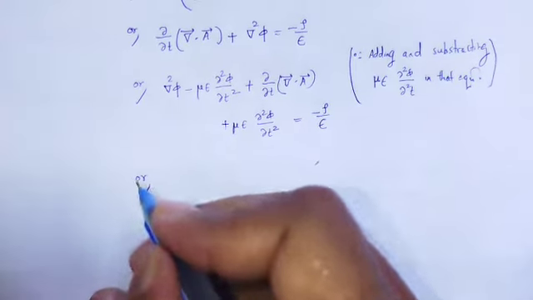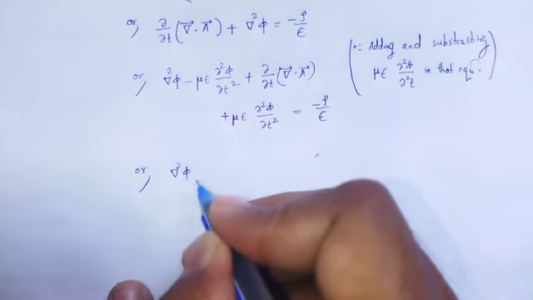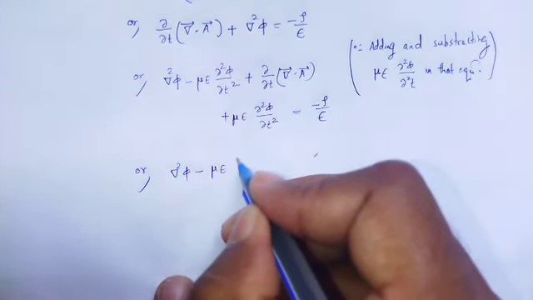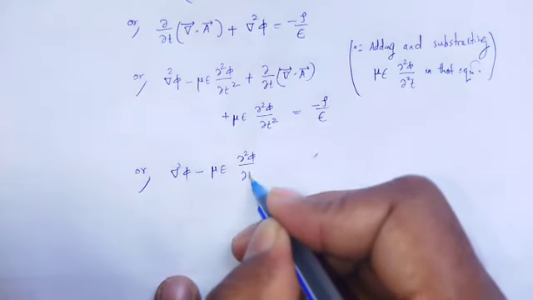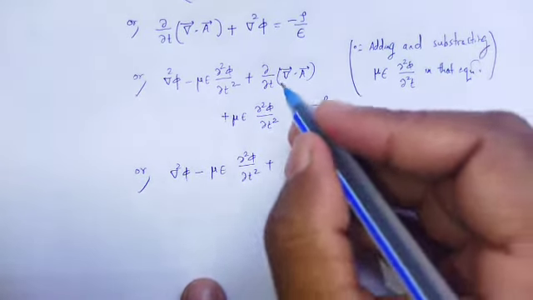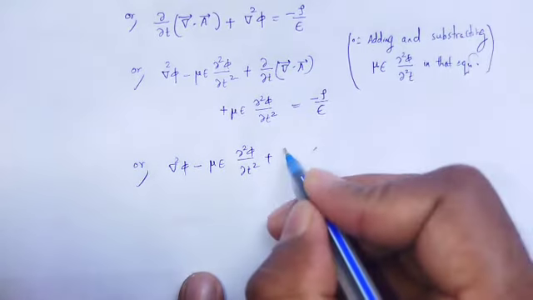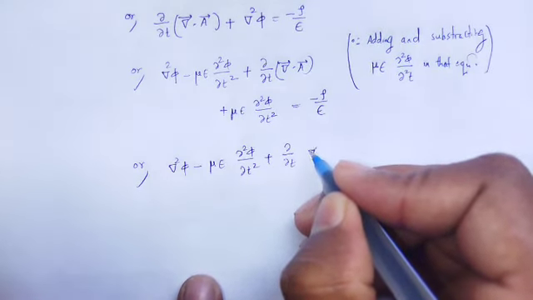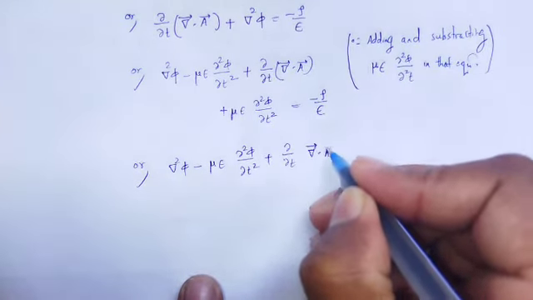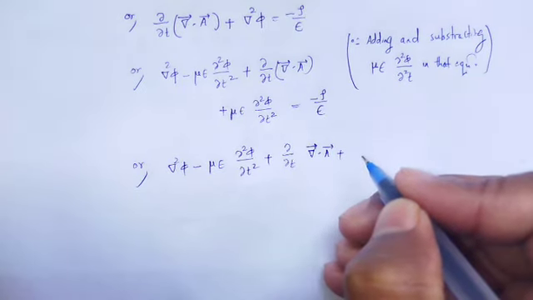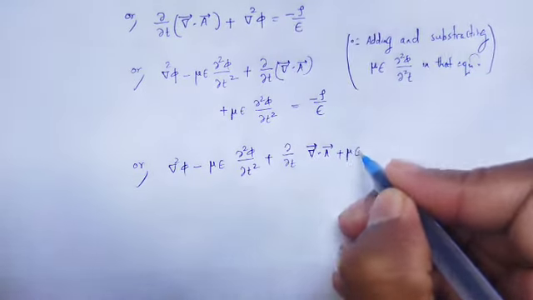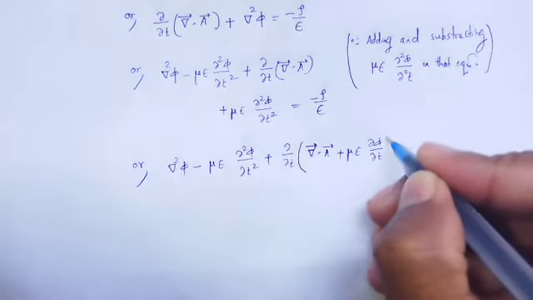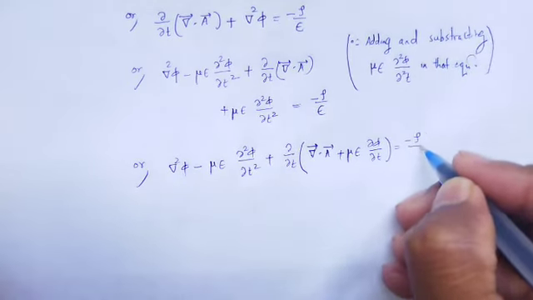Grad square phi minus mu epsilon del square phi by del t square plus, in these two terms if we take del by del t, then inside the bracket grad dot A plus mu epsilon del phi by del t is equal to minus rho by epsilon.